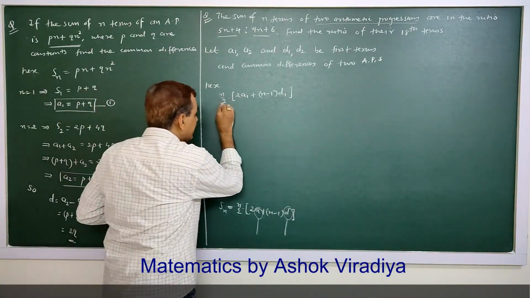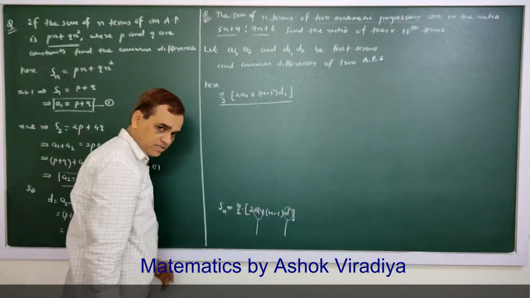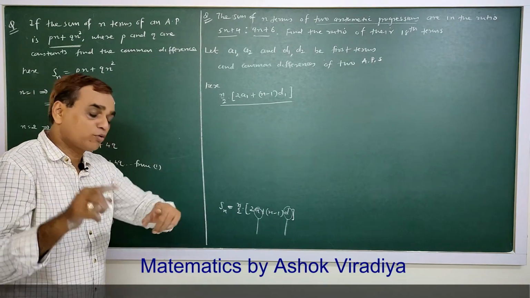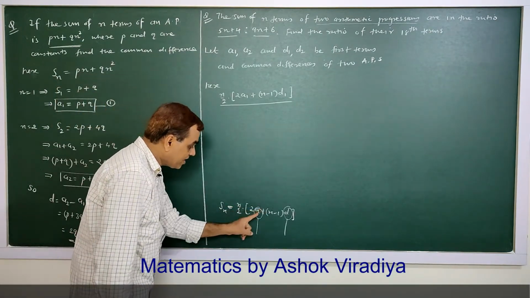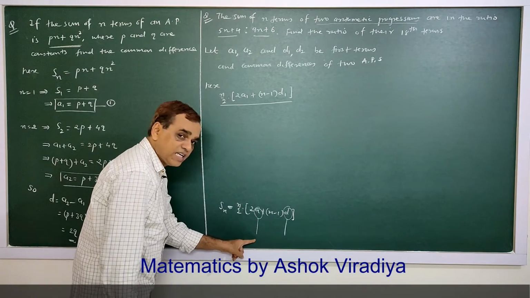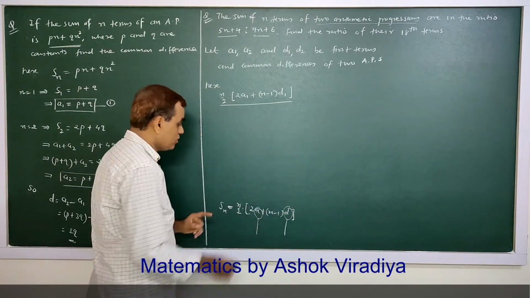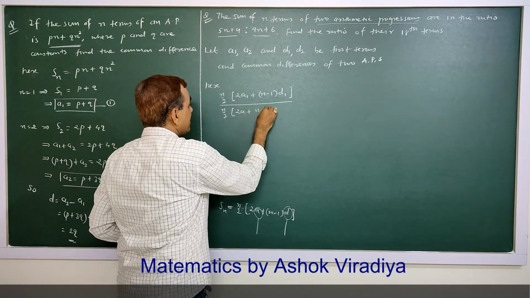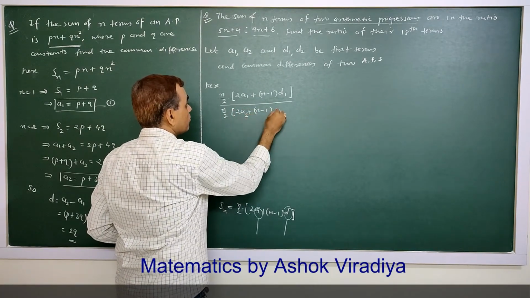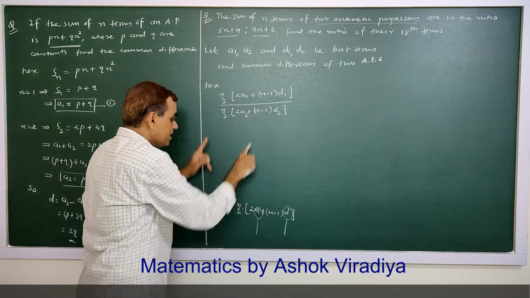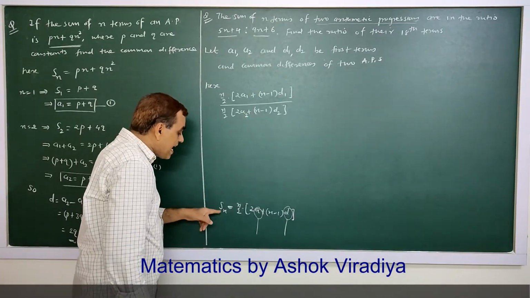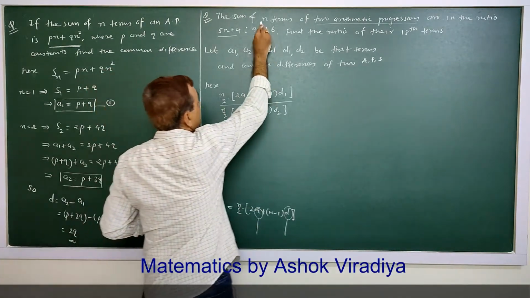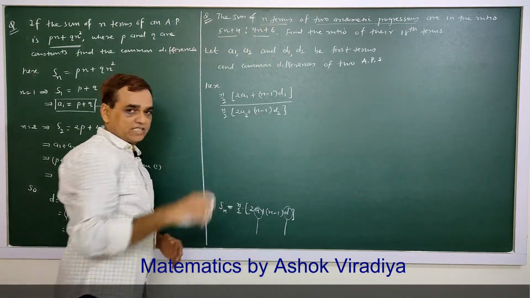Now I am taking its ratio with sum of first n terms of second progression. So for second progression we replace A by A2 and D by D2. So n by 2 into 2A2 plus n minus 1 into D2. So this is sum of first n terms, same number of terms in both the sequences.